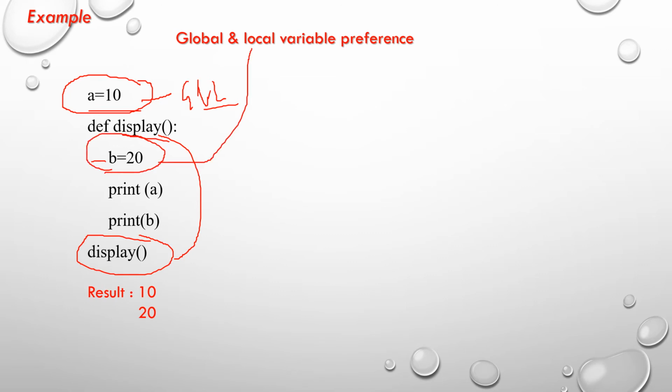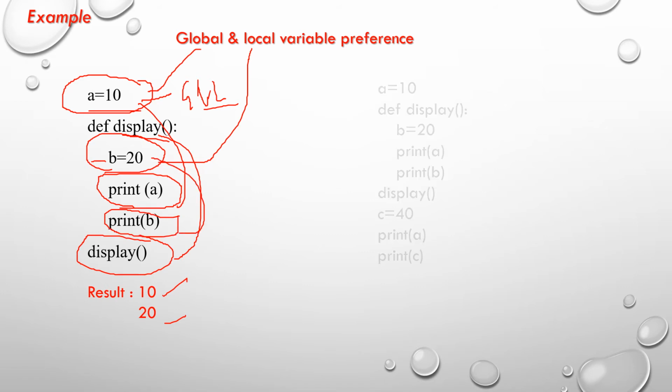So a is equal to 10 is the global variable, and b is the local variable. If you print this, the interpreter will give the values 10 and 20. Print a is the printing statement, it will print a, whose assigned value is 10, and print b, whose assigned value is 20.